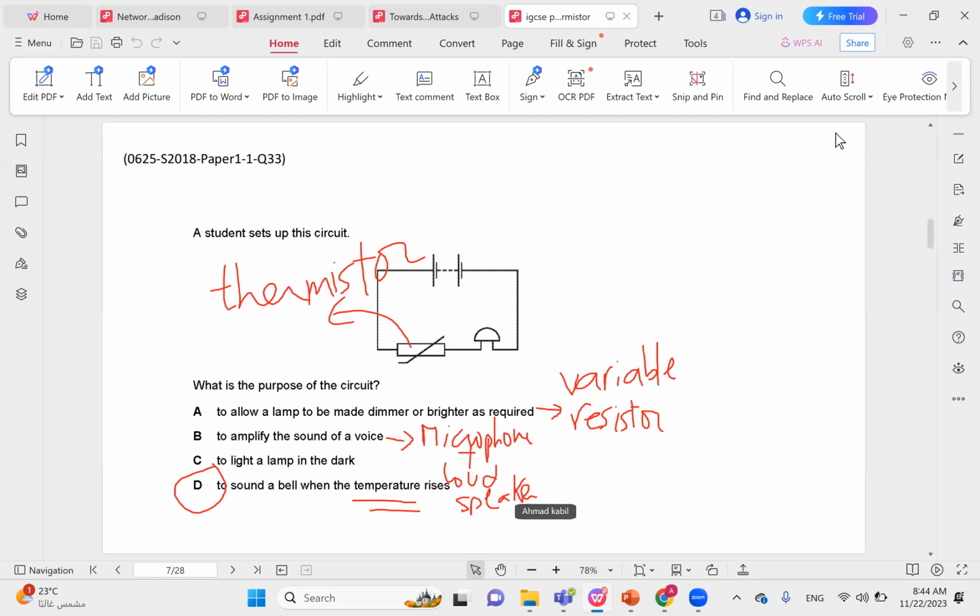To light a lamp in the dark, here for C, we would need something called LDR, light dependent resistor, and this is the subject of another video. However, the only device that depends on temperature, as we mentioned previously, is the thermistor. And from the circuit, we know that this is the circuit symbol of a thermistor. So therefore, D here is the correct choice.